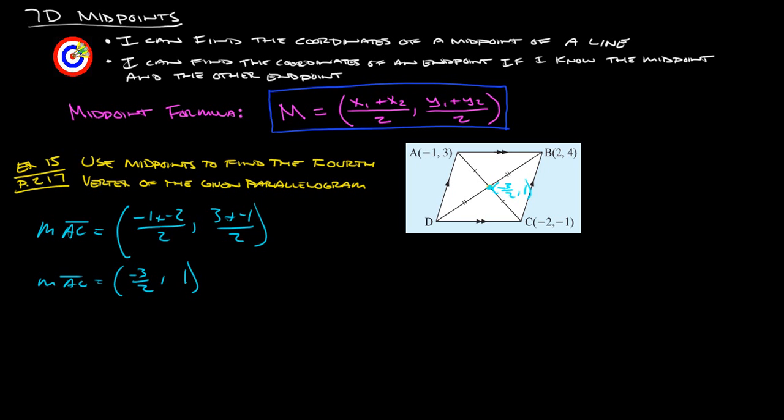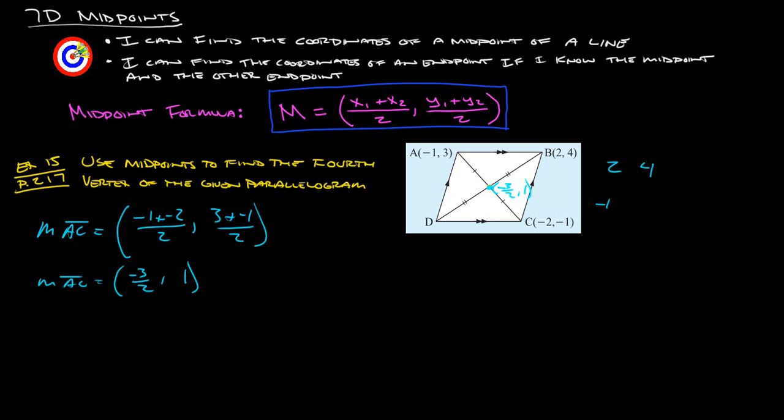So what we can do with that is, again, you can put -1.5 if you didn't like -3 halves, but then we can just again say, okay, how do we get from 2, 4 to -3 halves and 1? The last way that we did on the last slide, we started with 2 and 4, our original endpoints, and then we are going to end up with our -3 halves.